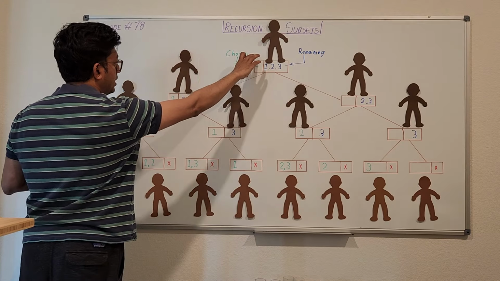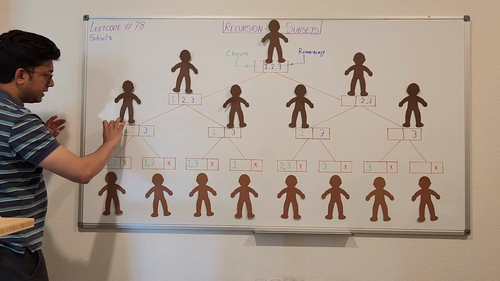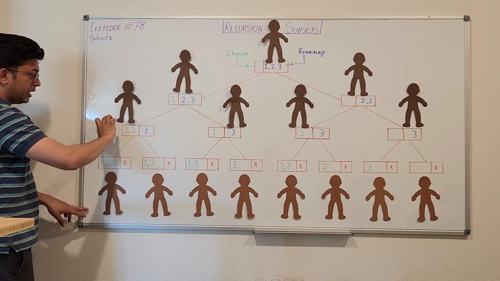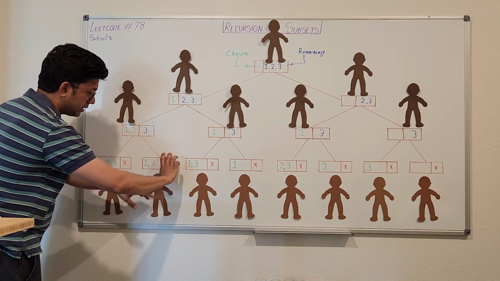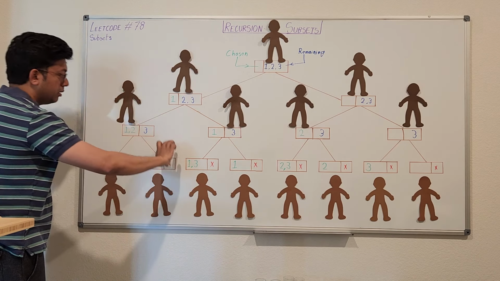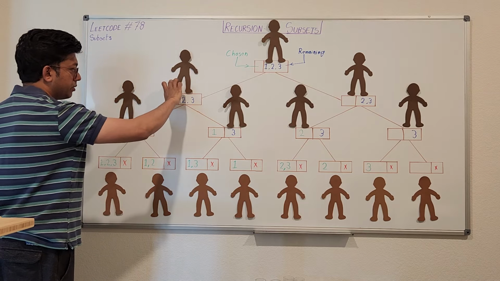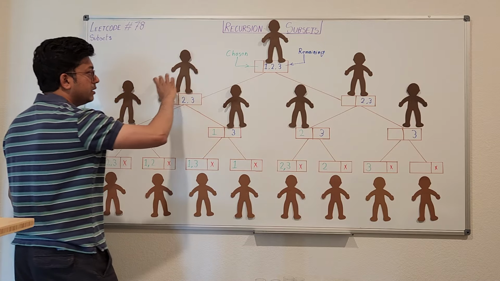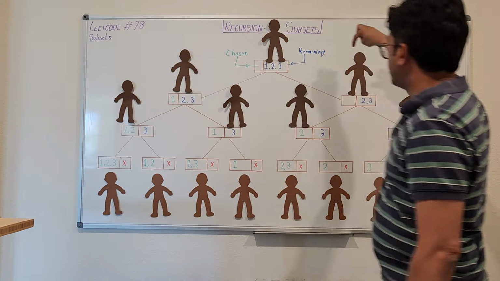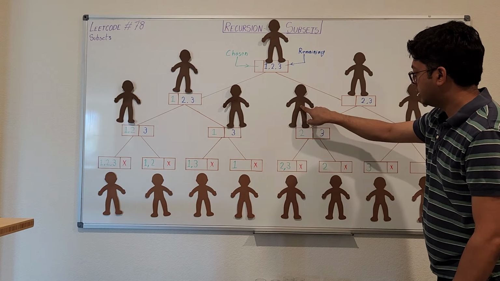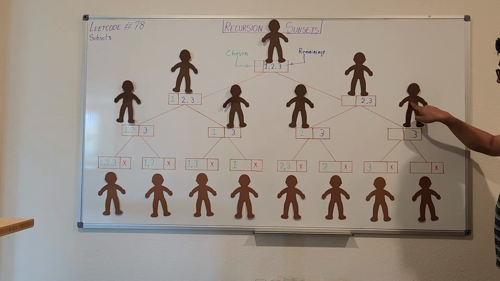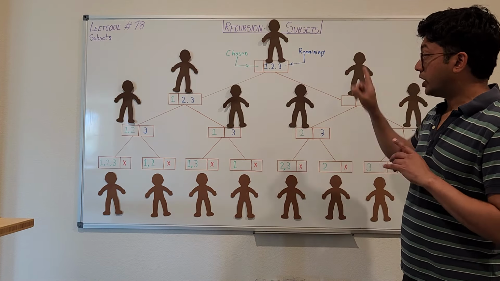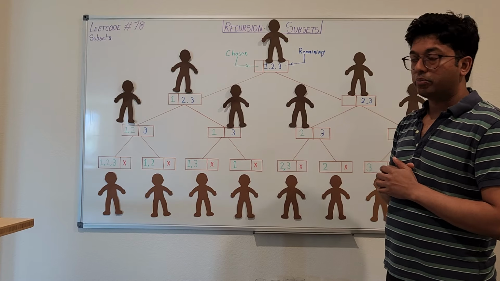So this stack frame, after that this stack frame will be created, then this stack frame will be created, then this stack frame will be created, this guy will write to the result, this will be popped off the stack, you come here, this stack frame is created, this guy will write the result to the final list, pop off the stack, from here it comes here, pop off the stack, come here, pop off the stack, come back here, from here it will come here, back up here, and your program terminates. So the order it flows in is very important to understand.